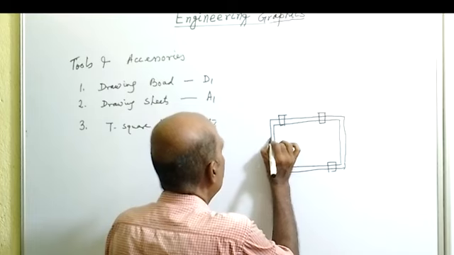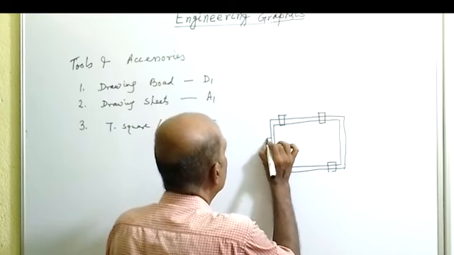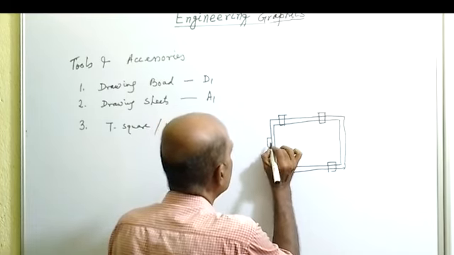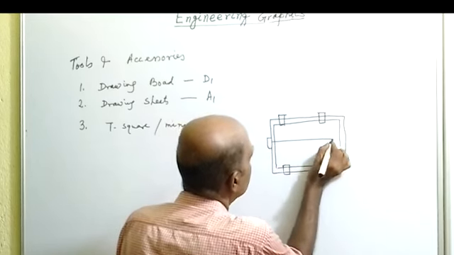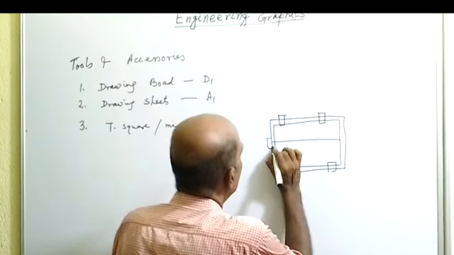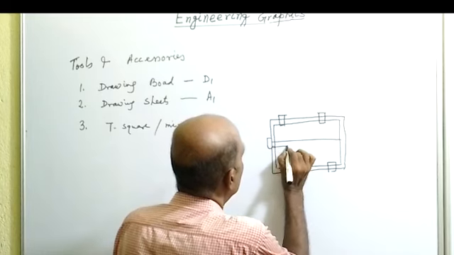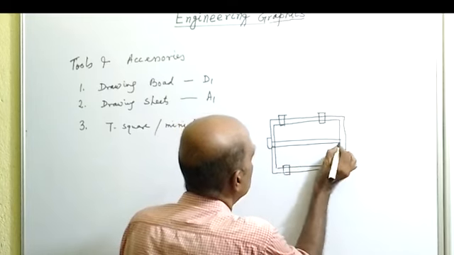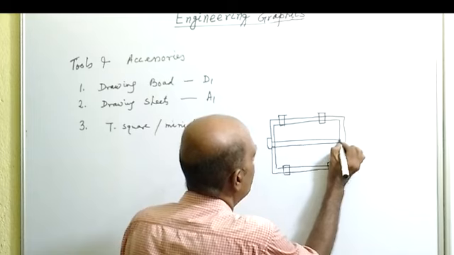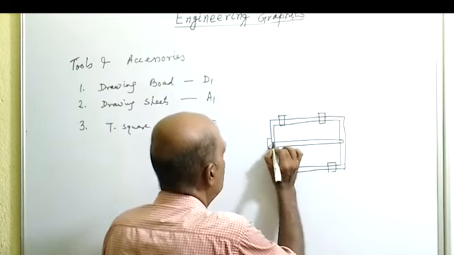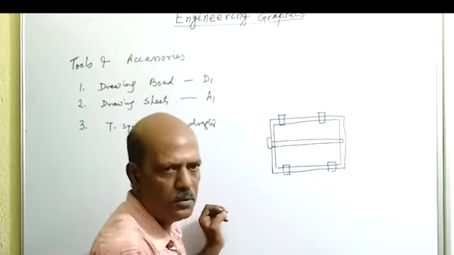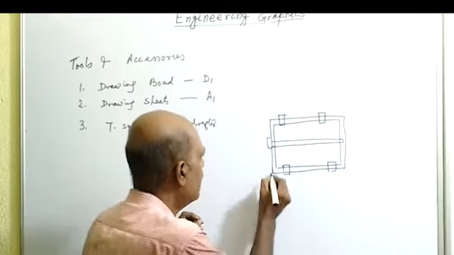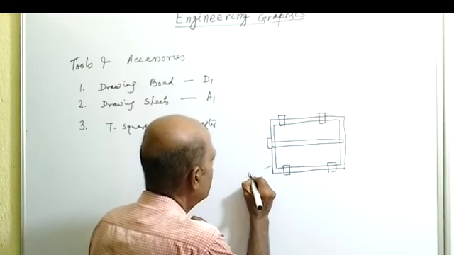If we draw the T-square, say this is the head of the T-square and this is known as the blade of the T-square. And this side, we have discussed, is a working edge.